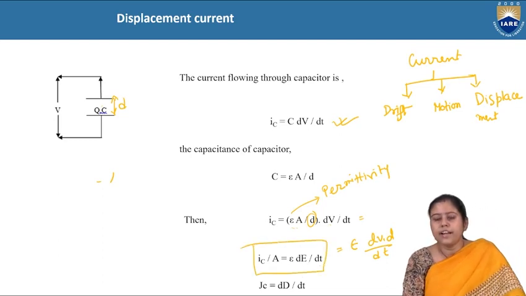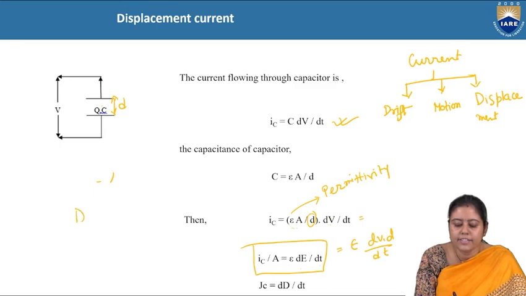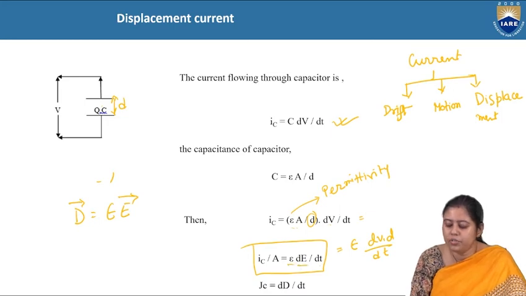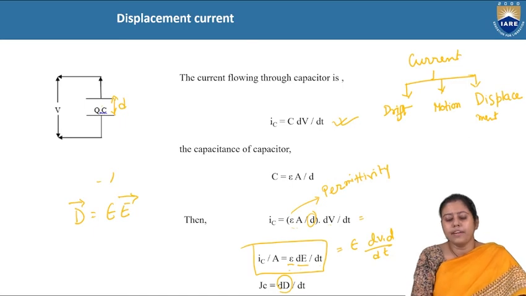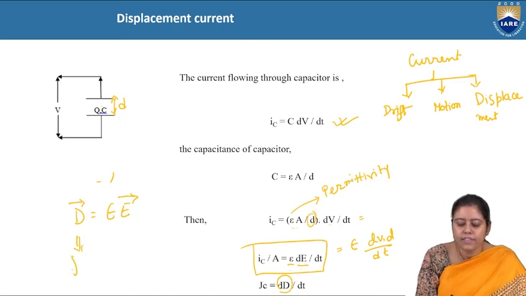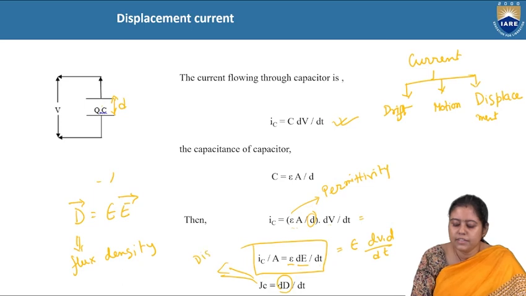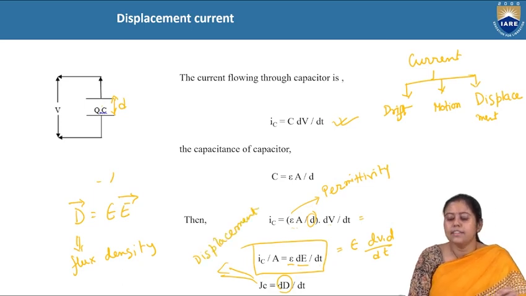And what is epsilon E? We know the flux density D is equal to epsilon into E. We know this. So epsilon into E, we can write as capital D. What is capital D? This is nothing but the flux density. What is JC? JC is known as the displacement current density.